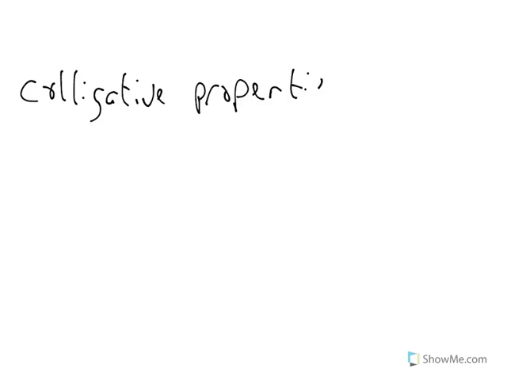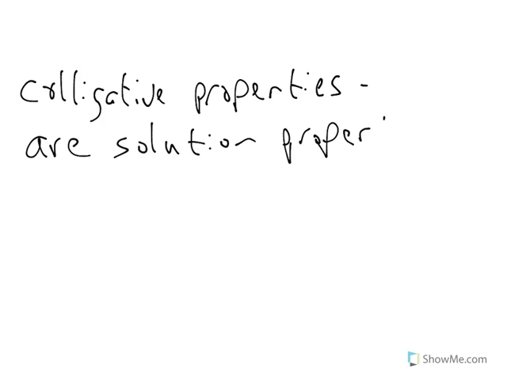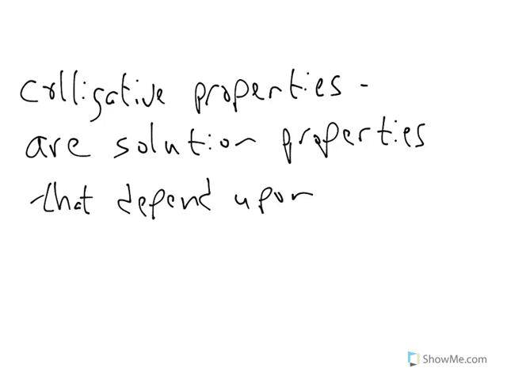All right, we're moving on to colligative properties. So let's go ahead and define what those are. So colligative properties are solution properties that depend upon how much solute is present.